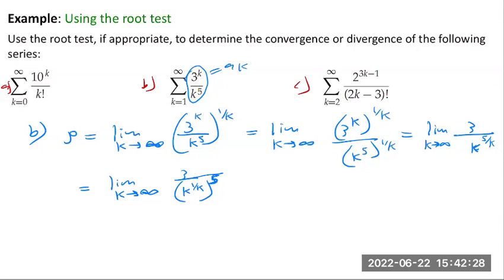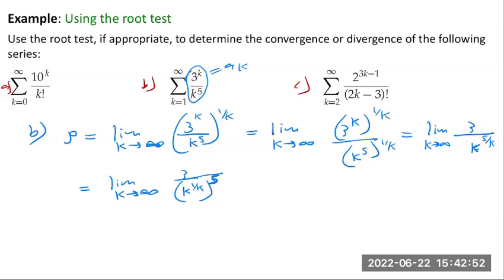Of course, if you simplify this, I can rewrite it this way. k to the power 5 over k is the same as k to the power 1 over k, all to the power 5. It is the same because if you multiply these two exponents together, you get this back. I'm just rewriting this expression a little differently for a reason, and you will see why.